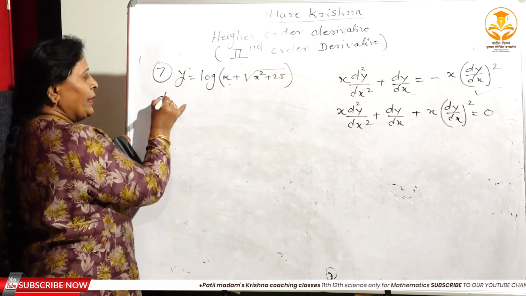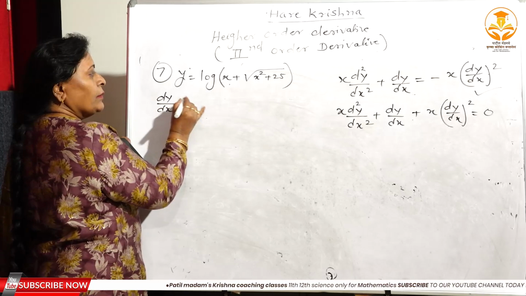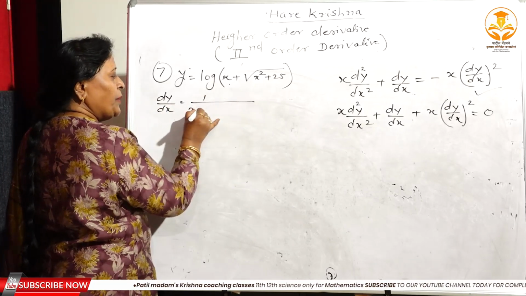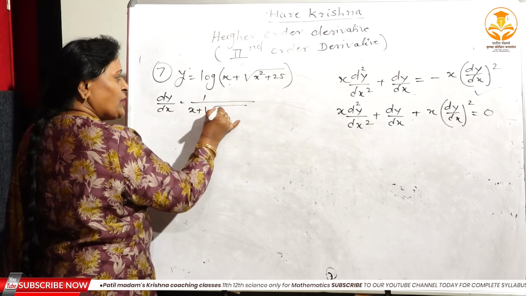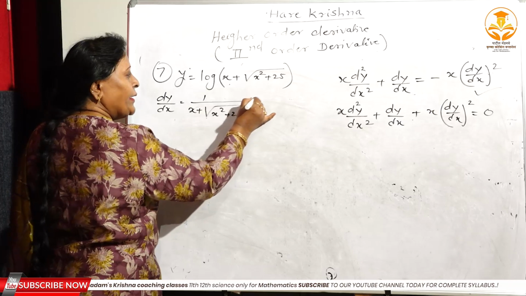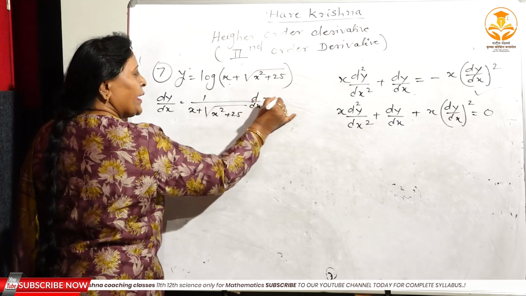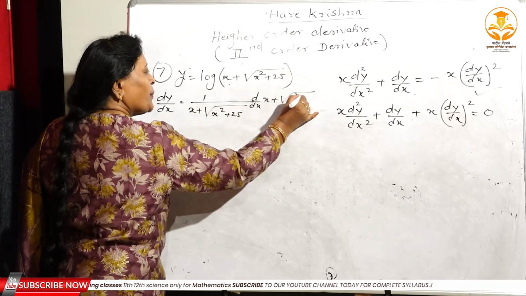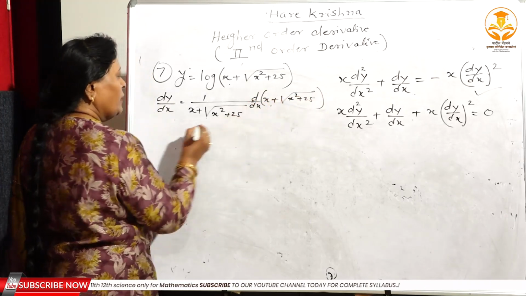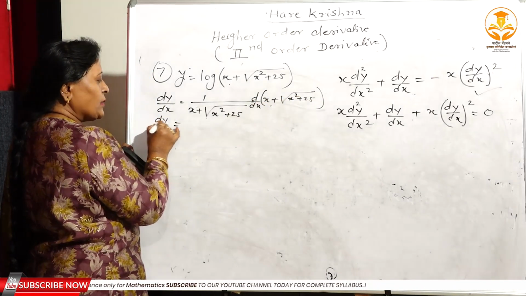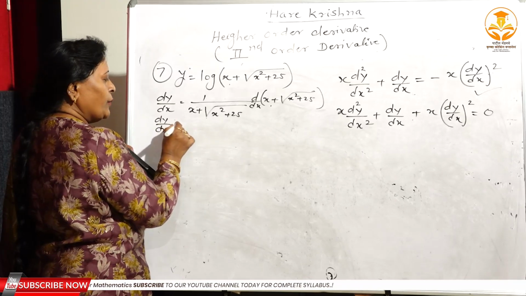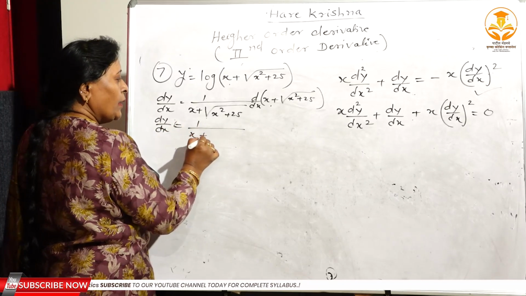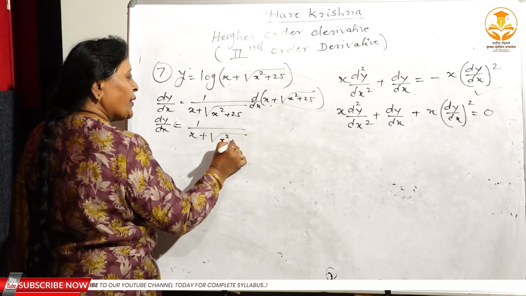Again, see, dy by dx. The derivative of log u is 1 by u, means 1 upon x plus root of x square plus 25, and d by dx of x plus root of x square plus 25 you have to consider.